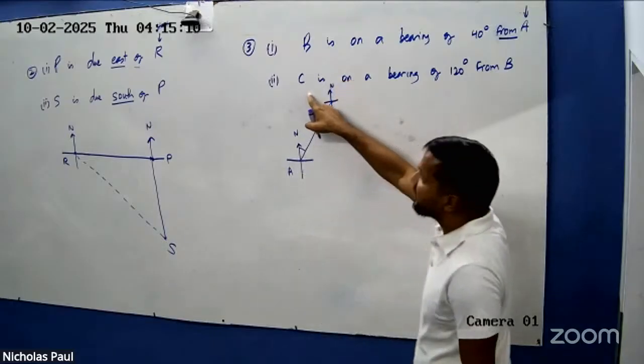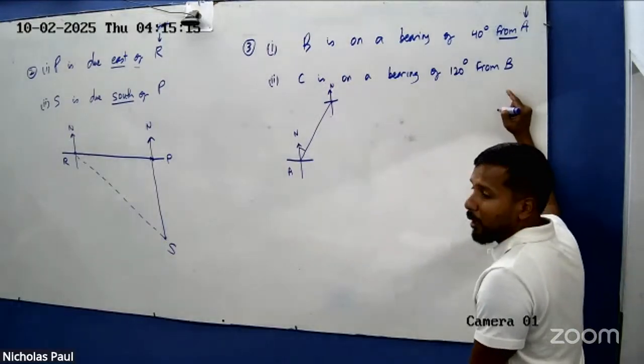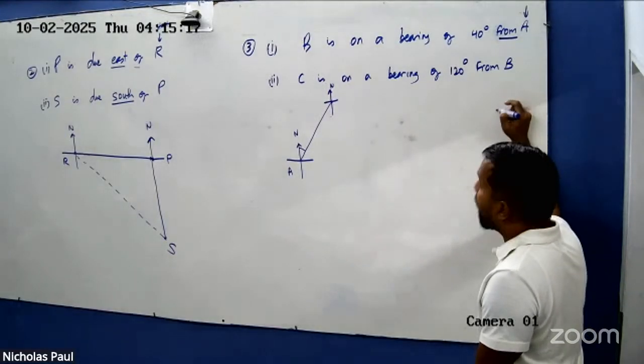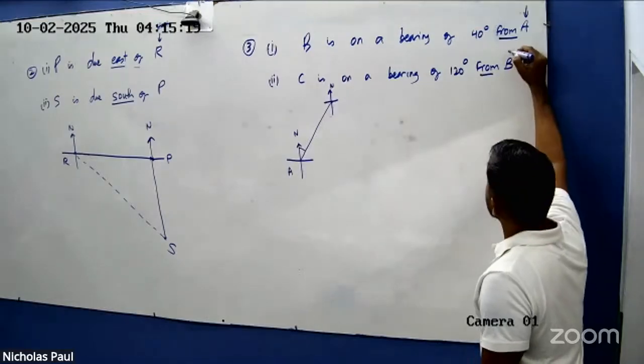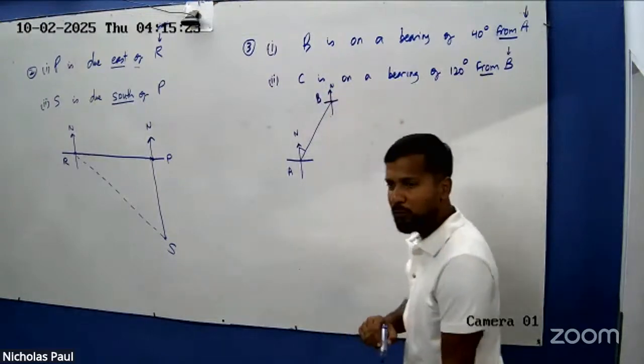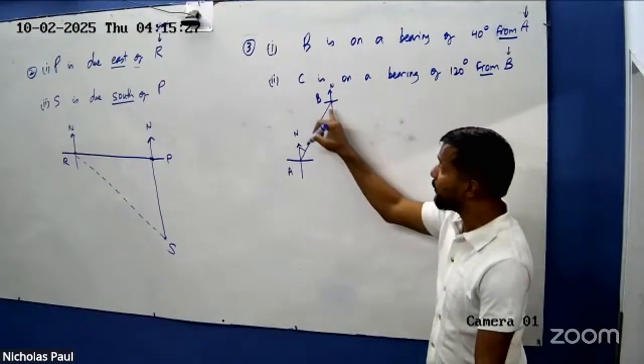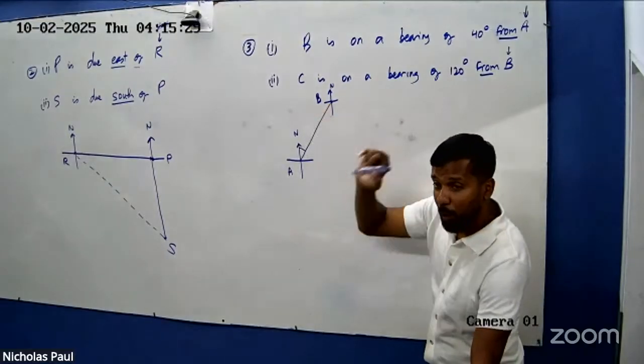Now this said C is on a bearing of 120 from B. From where? From B. So we're going from B, here's B. 120, and we're starting at B, right? Look at where I'm drawing it again.